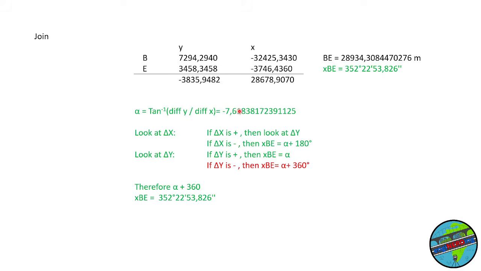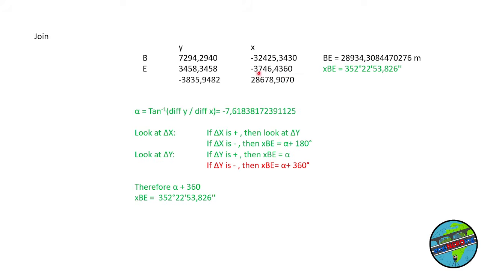Now we don't know where this value is or in what quadrant we are, so to cater for the 4 different quadrants, we have to consider our x and y delta values, or the differences. So the first thing we do, and this is just a summarized version just to make it easier for ourselves, a full explanation can also be looked up. But if delta x is positive, then we look at y. So this is our delta x value.